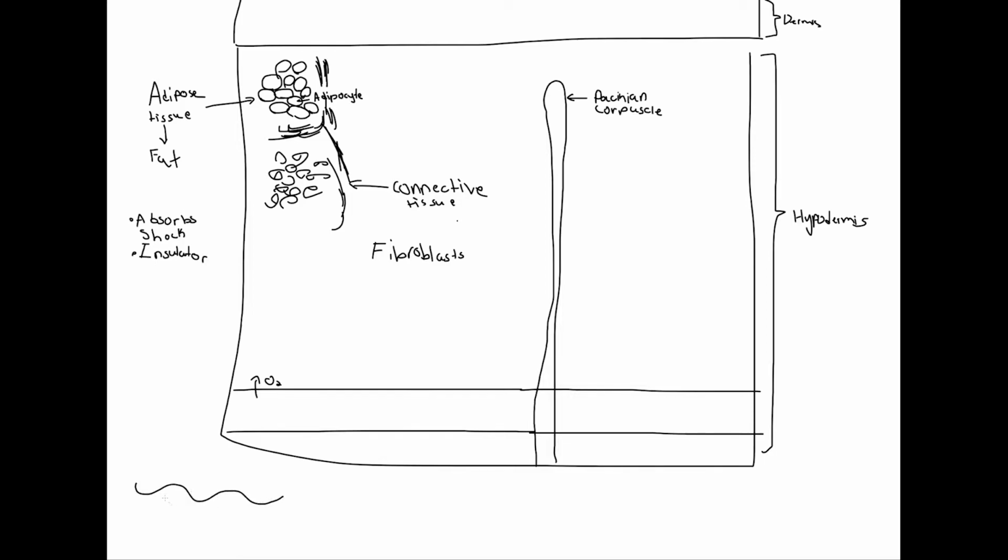If this is your junction between the epidermis and dermis, so epidermis, dermis, then this sort of junction would come down whenever there was a hair. And it would sort of encoat that hair. And then it would come back up, continue on.